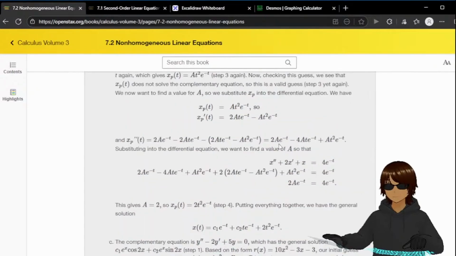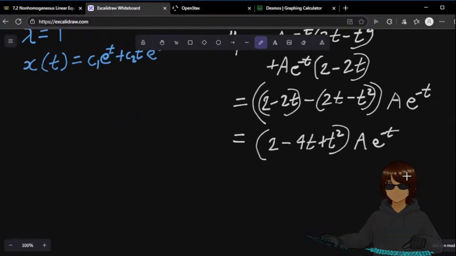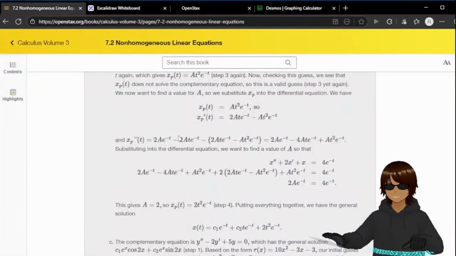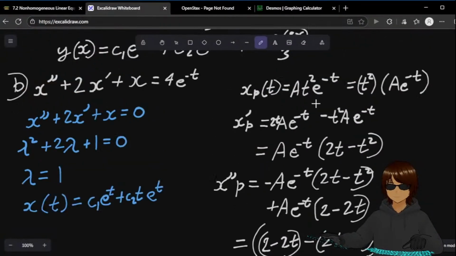Double derivative, 2a, let's see. So 2a e to the power of minus t minus 4t and 8t square. Now we have to substitute that back in to here.